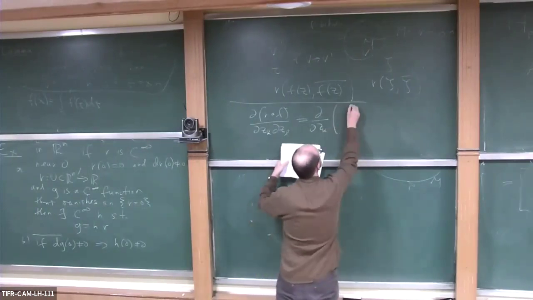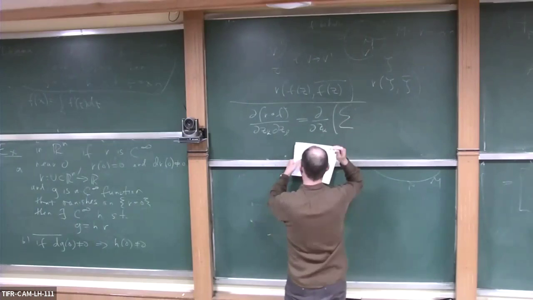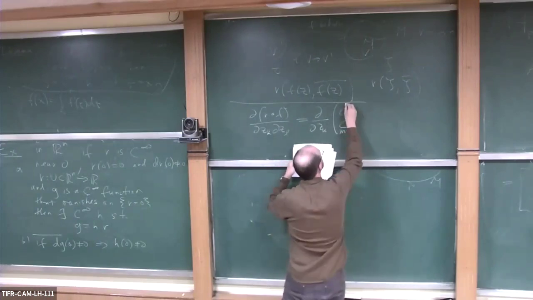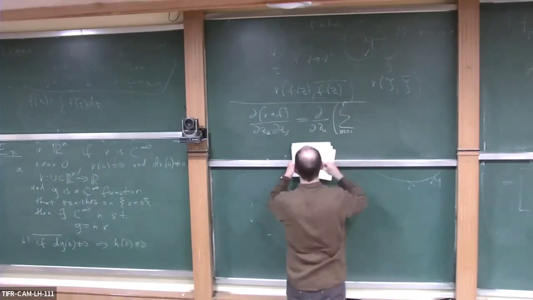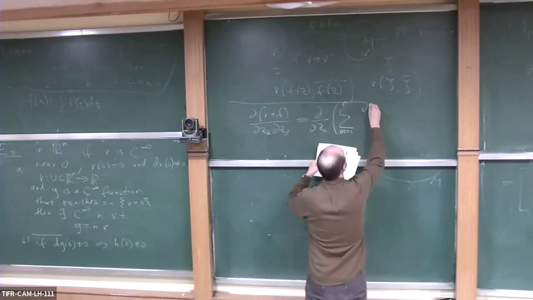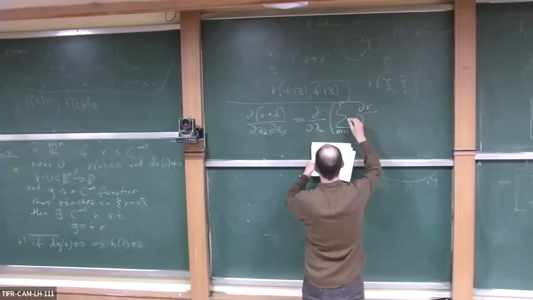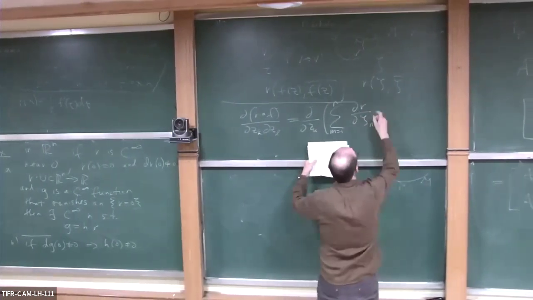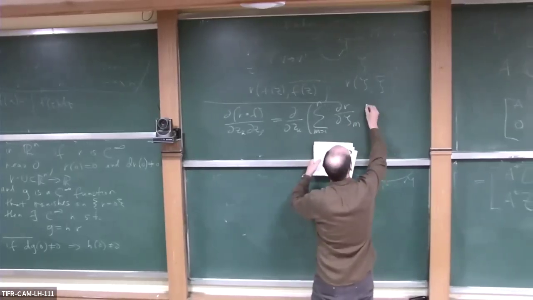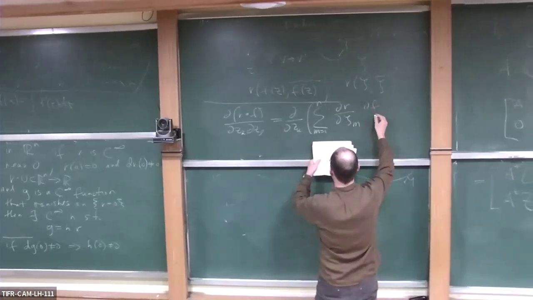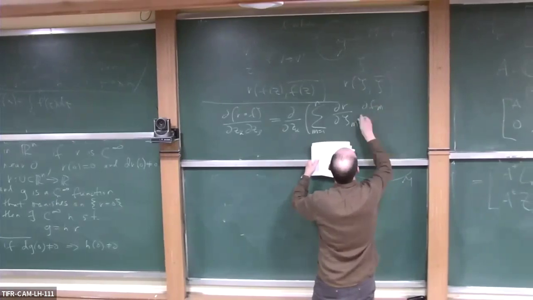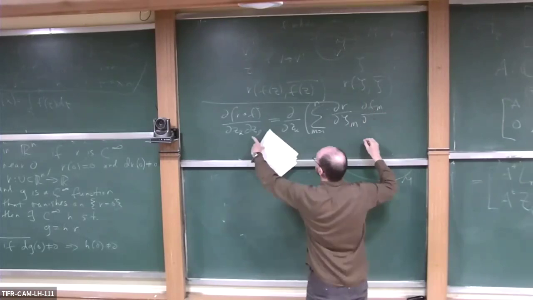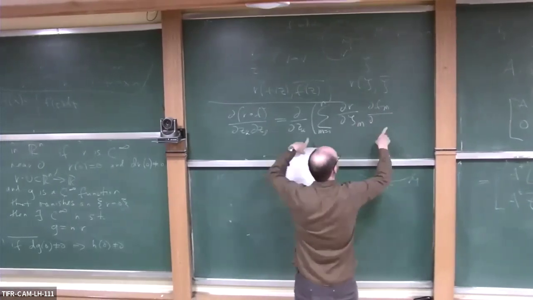It's valid, and then the sum over M from 1 to N. I have the derivative of R with respect to zeta M, right? I'm going through the derivatives here, and then the F M, the mth coordinate here, differentiated with respect to L, right? First.